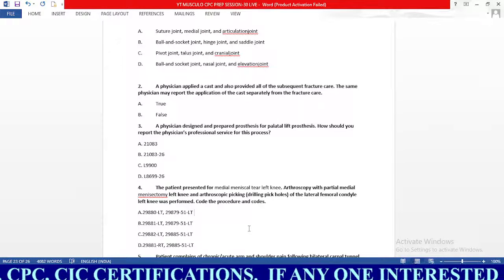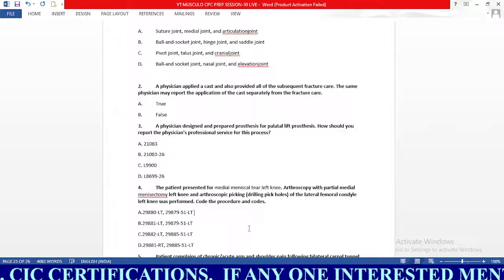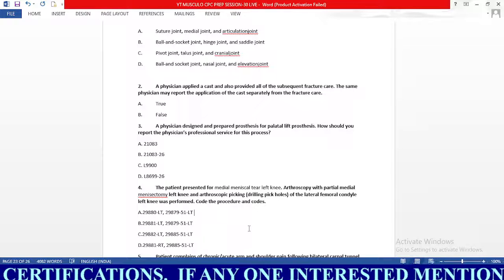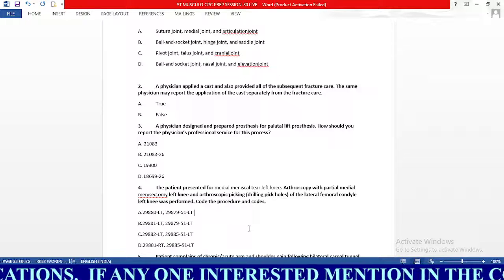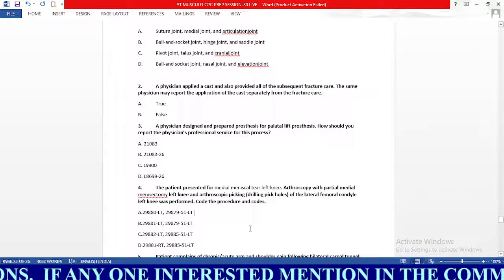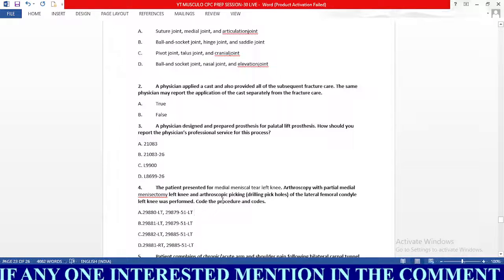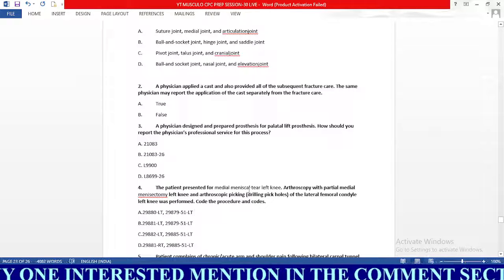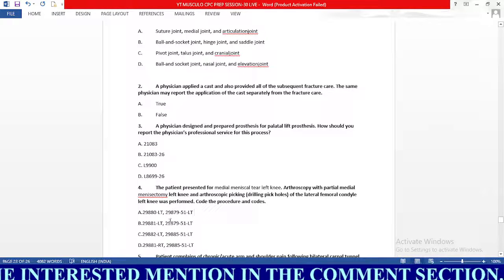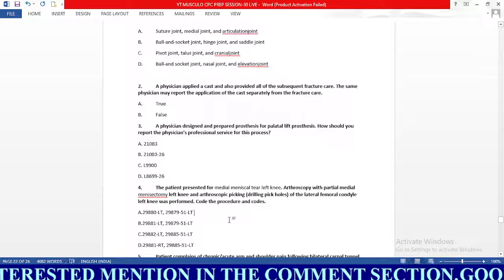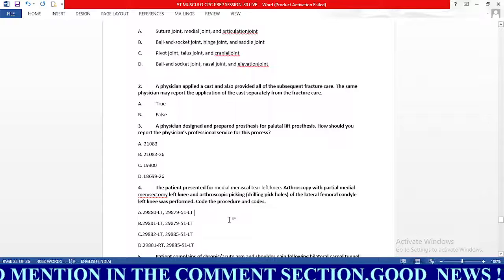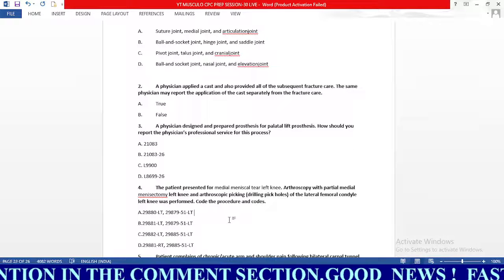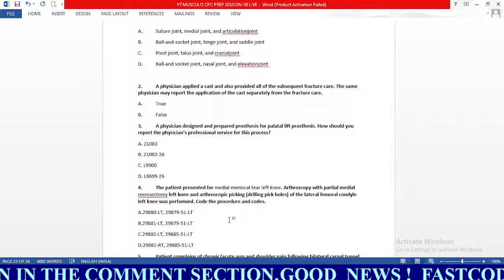29885 is for drilling for osteochondritis dissecans with bone grafting with or without internal fixation. This is not performed. So basically here our answer is B, 29881 for medial meniscal tear meniscectomy and 29879 for drilling of holes. If you see in the code description, multiple drilling or microfracture.